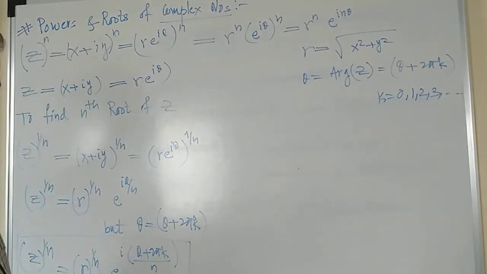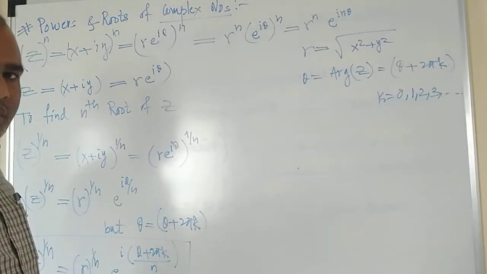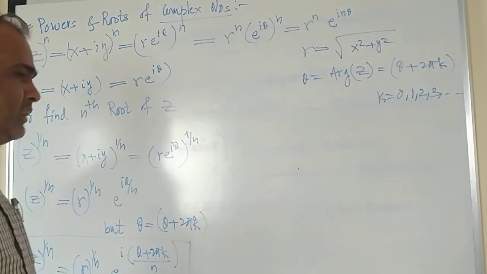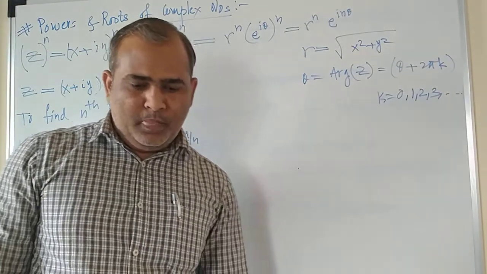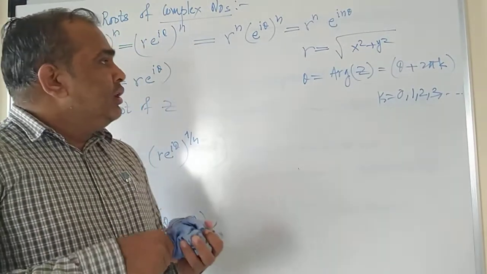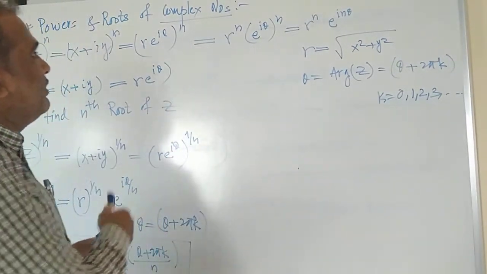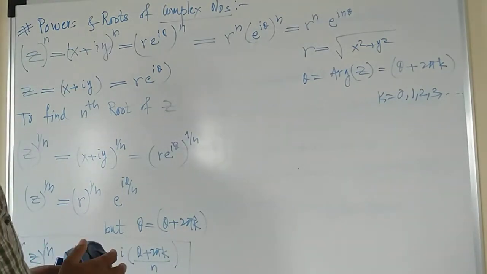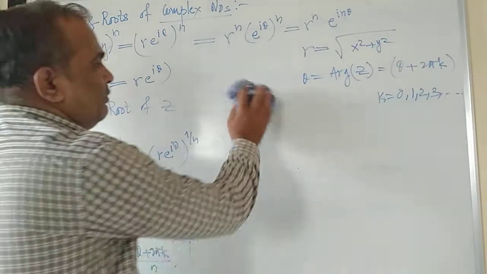And once the values of cos theta and sin theta are known, you can simplify and you will get the nth root of the given complex number. Fine. So this is the theory about the nth root and power of the given complex number.